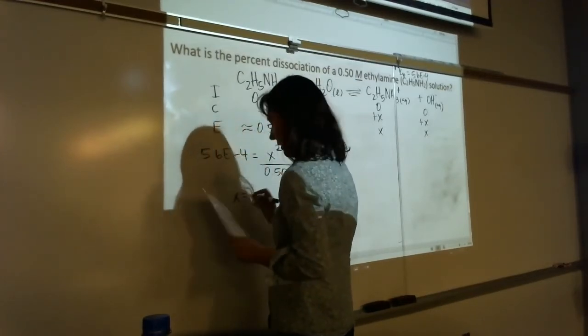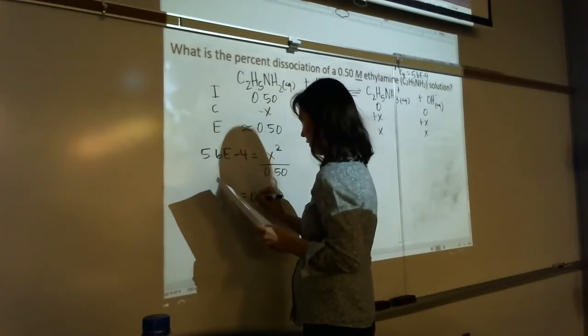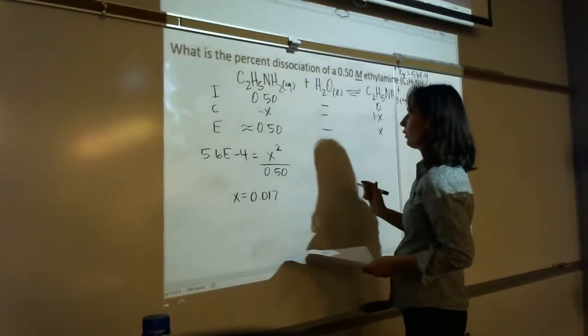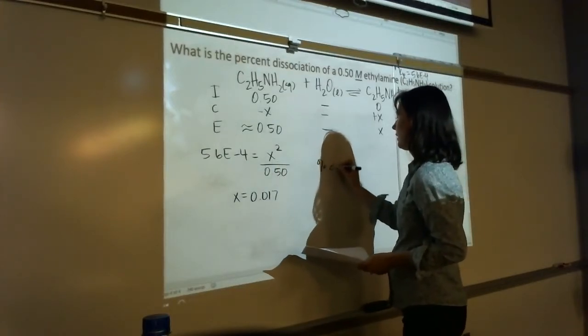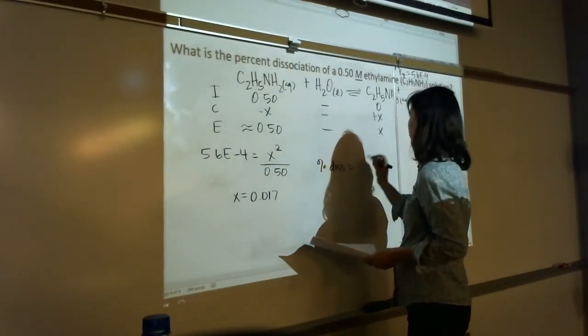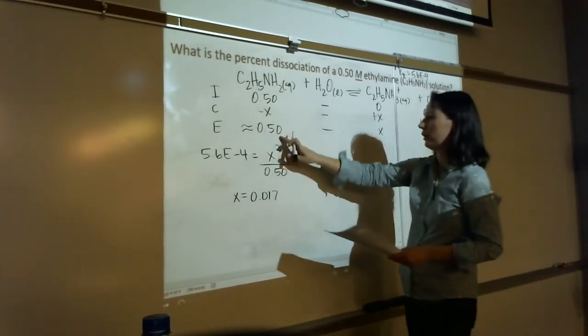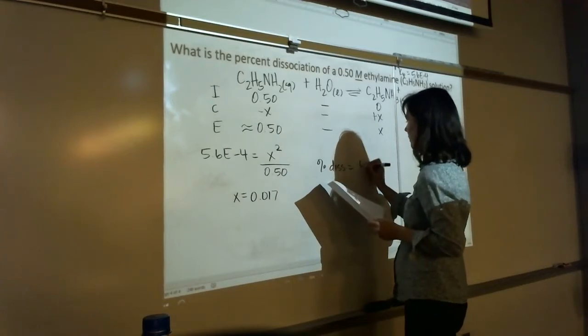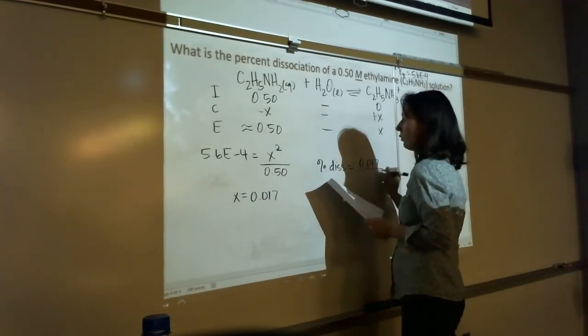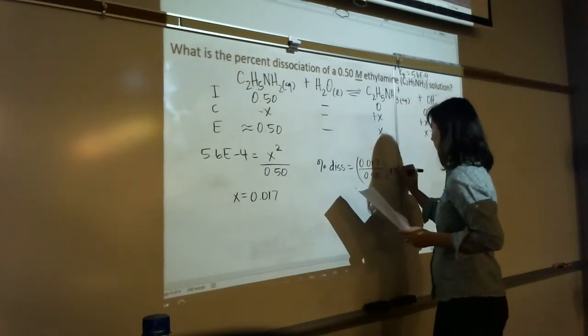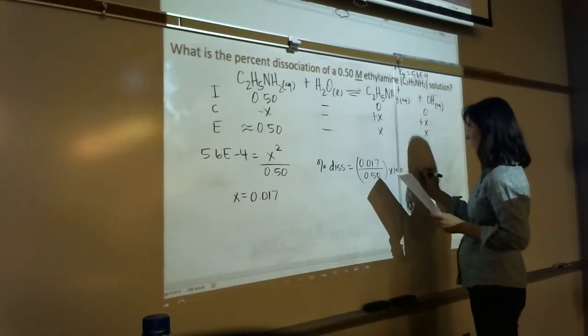So I got x equals 0.017. So this is asking for percent dissociation. So percent dissociation is just x over initial times 100. So 0.017 over 0.5 times 100. So I got 3.4%.